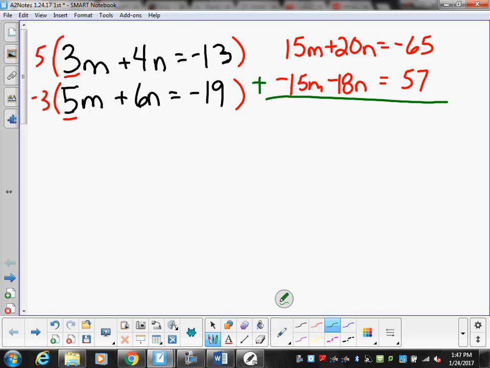So you add them. Okay? So now 15m minus 15m is 0. 20n minus 18n is 2n. Negative 65 plus 57 is a negative 8. So when I add those together, I now no longer have an m. And now it's something really easy to solve for my n.